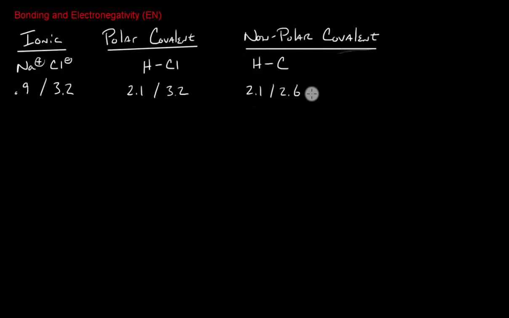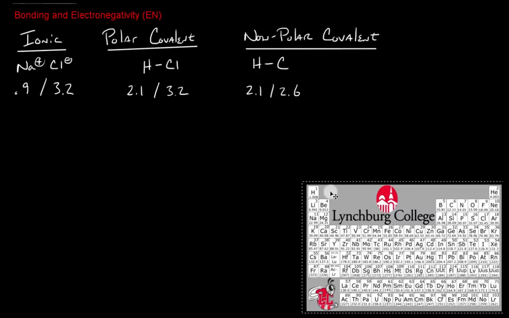Then as we go to nonpolar covalent, there's very little difference between the hydrogen and the carbon. Because they have similar electronegativities, they both have about the same amount of pull. Because of that, this is more of a sharing interaction and less of a stealing interaction.